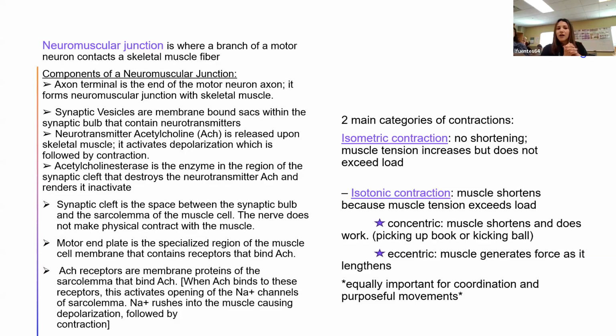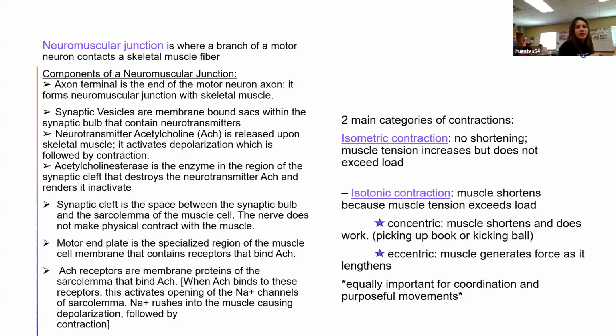It's a lot deeper, which we can talk about one-on-one, but basically the opening of the sodium channels from the sarcolemma, and then the sodium rushes into the muscle, which causes depolarization and then muscle contraction. So this is basically all for muscle contraction. And then from there, we have two main categories of contractions, isometric and isotonic.